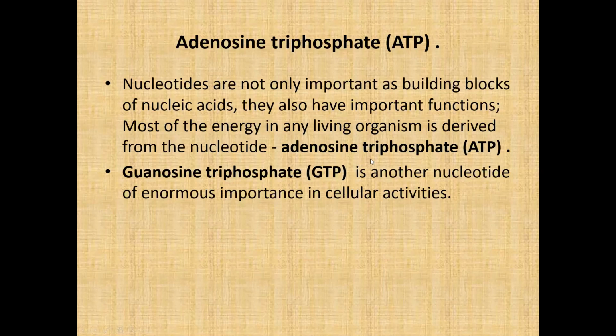It contains adenine as a nitrogenous base, ribose as a sugar, and 3-phosphate because it really contains 3 phosphate groups. Together with ATP molecules, sometimes the cell uses guanosine triphosphate, another nucleotide, also of big importance in cellular activity. So please remember that these molecules also belong to nucleotides.